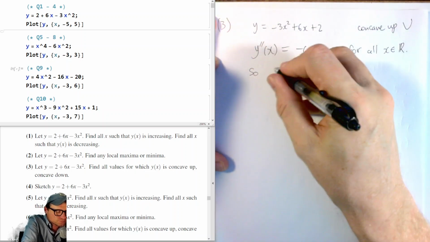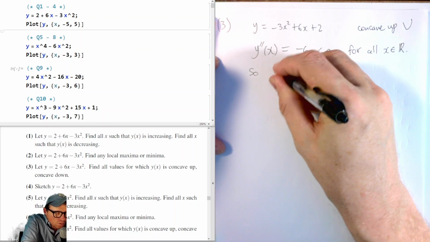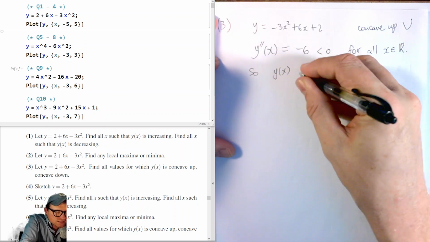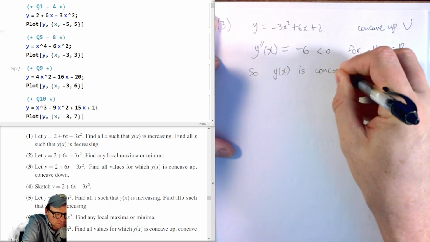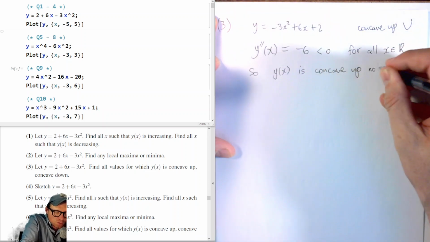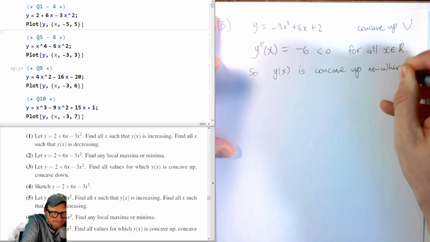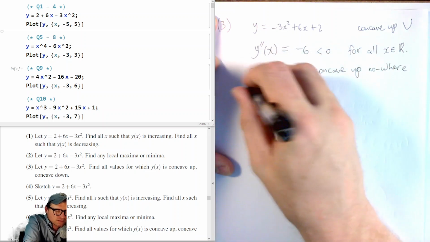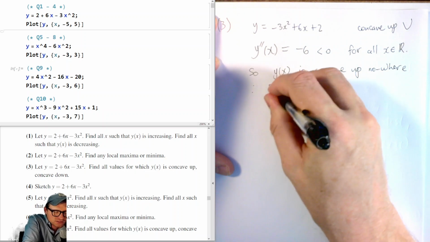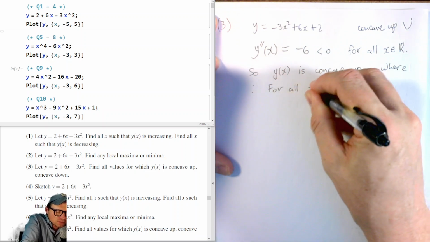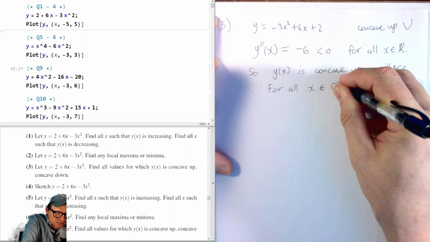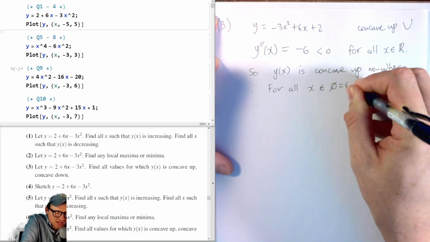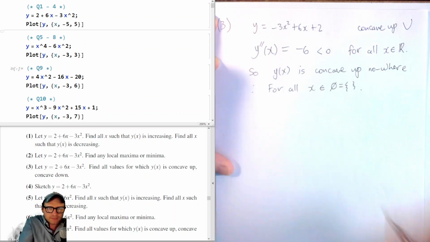So y of x is concave up nowhere. Okay? In other words, for all x belonging to the empty set, which is the set with nothing in it.